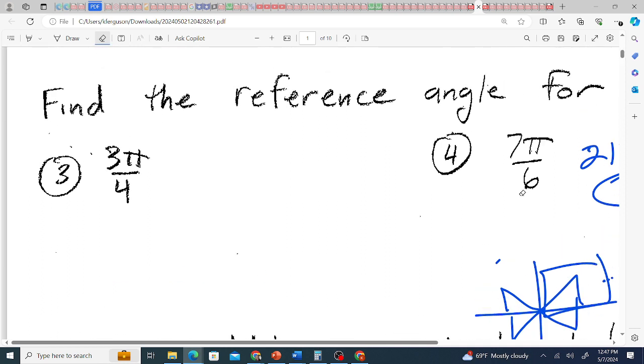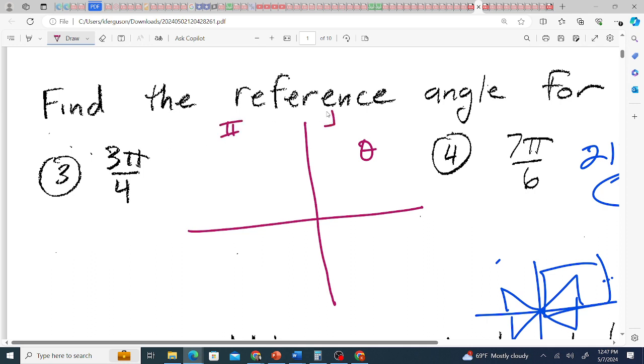You need to know how to find a reference angle. Depending on what quadrant you're in, if you're in the first quadrant, your reference angle is just the angle. If you're in the second quadrant, your reference angle is 180 minus your angle. If you're in the third quadrant, you take your angle and subtract 180 from it, and that's your reference angle.